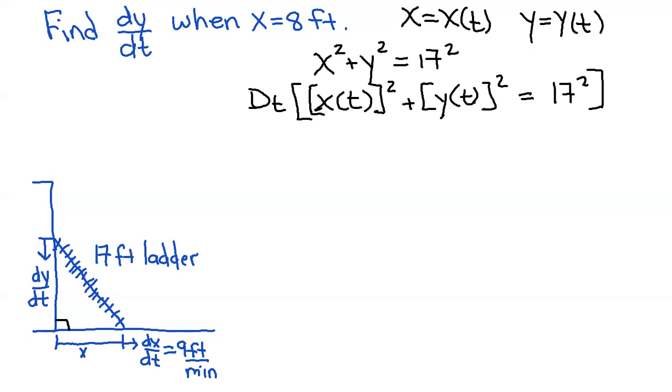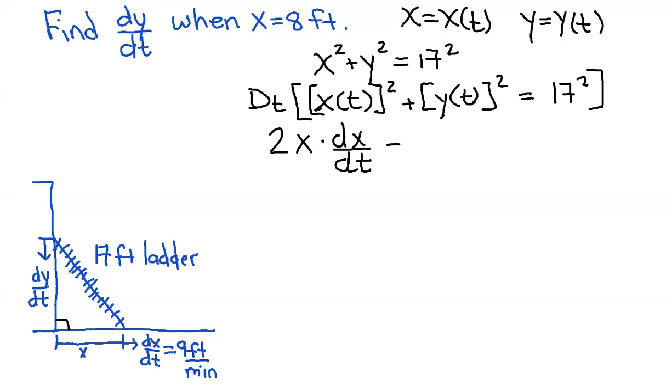We're going to use the chain rule. We have to take the derivative of the outside function, leaving the inside alone, and then multiply by the derivative of the inside function.